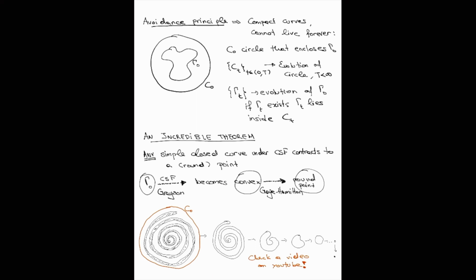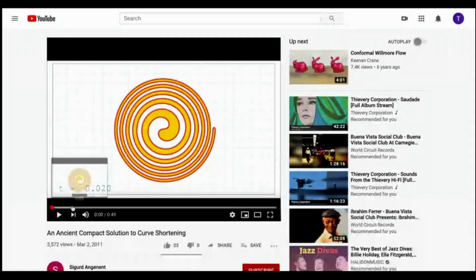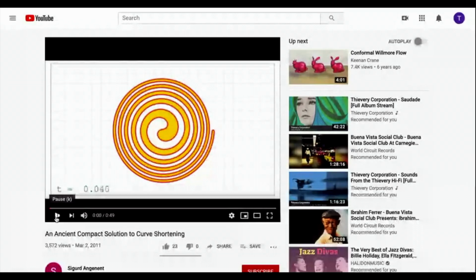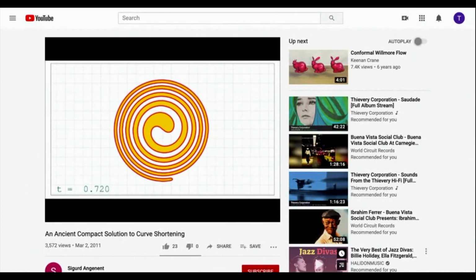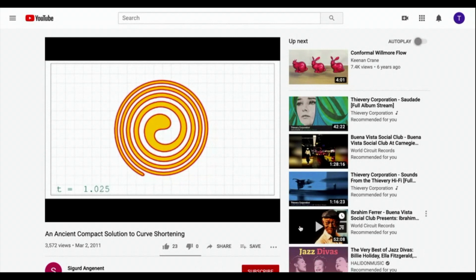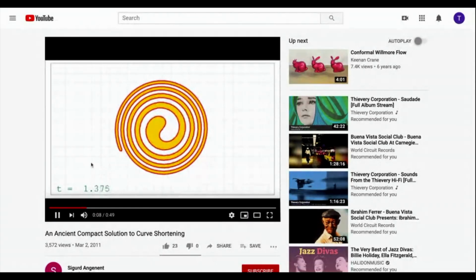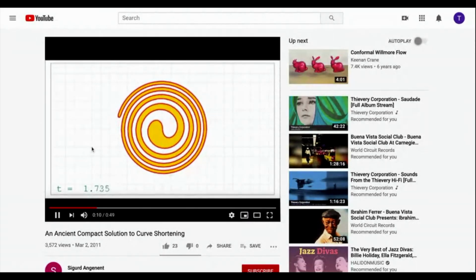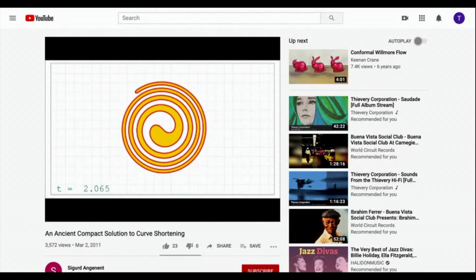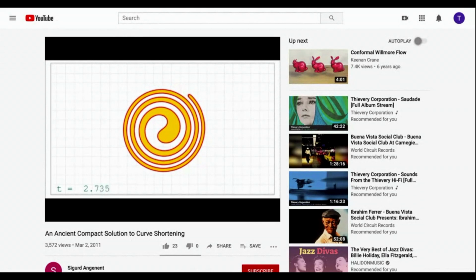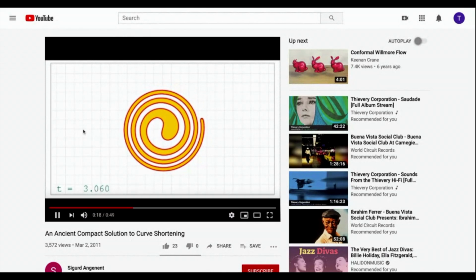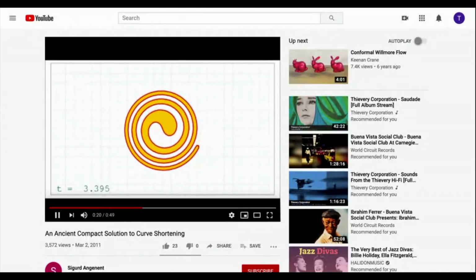Let's see this one. This is an example of a spiraling curve, and now under curve shortening flow, it starts unraveling, but the curvature is always bounded, so the flow exists and is smooth. And it will keep unwrapping.